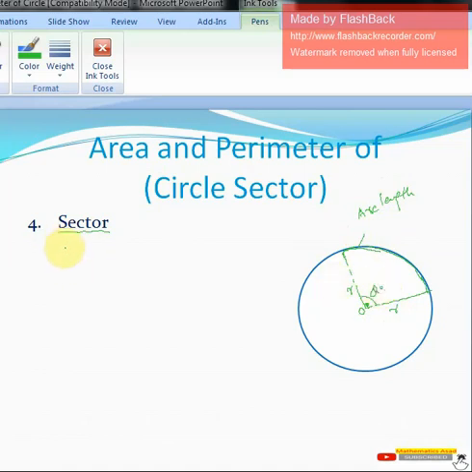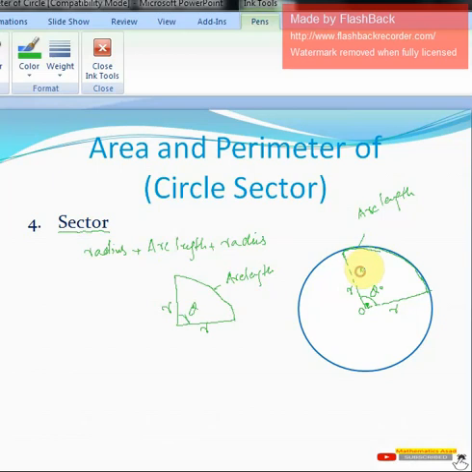So a sector consists of radius plus arc length plus radius, and we can write like this. This is sector: radius, angle and arc length.